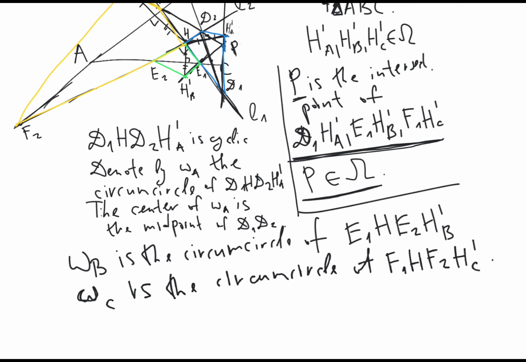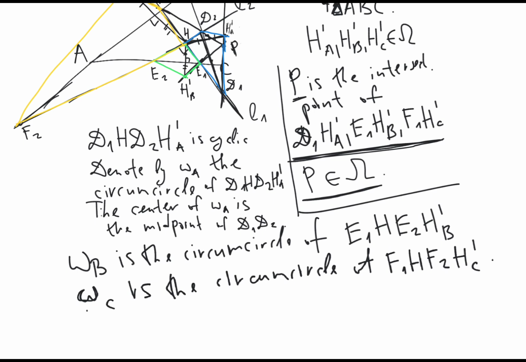And so again similarly, the centers of these circles omega B and omega C are the midpoints of the segments E1, E2 and F1, F2.